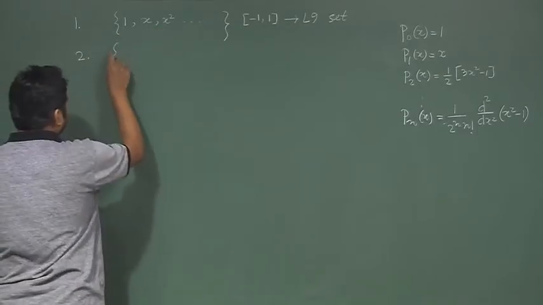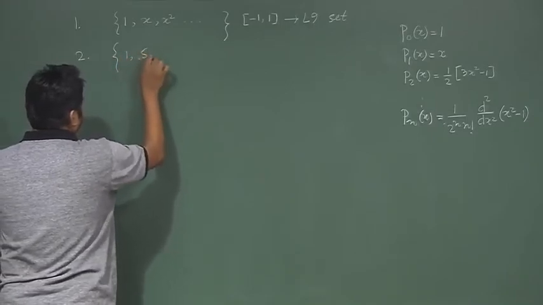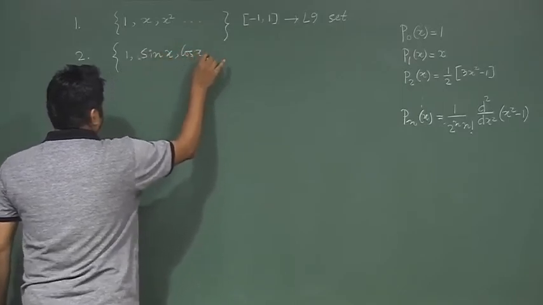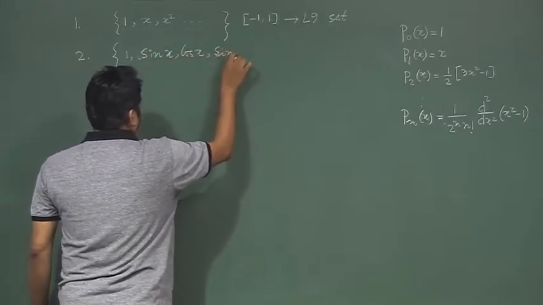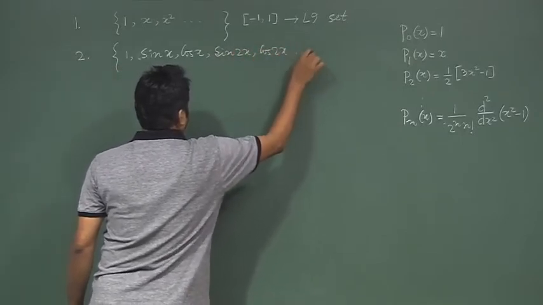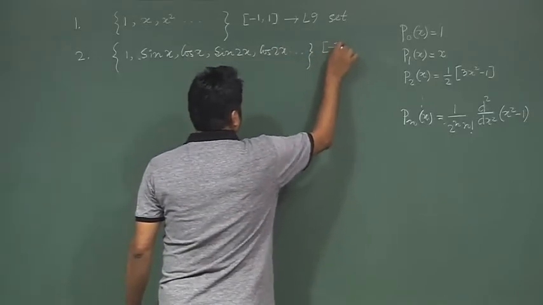Another was 1, sin x, cos x, sin 2x, cos 2x and so on, in the range minus pi to pi.